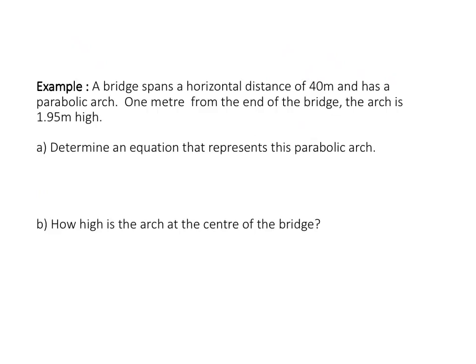All right. In this one here, we're going to look at an example where we have a bridge and it spans a horizontal distance of 40 meters and it has a parabolic arch. So it means it looks something like this. Okay, so there's our bridge and it goes from, let's say, 0 to 40.